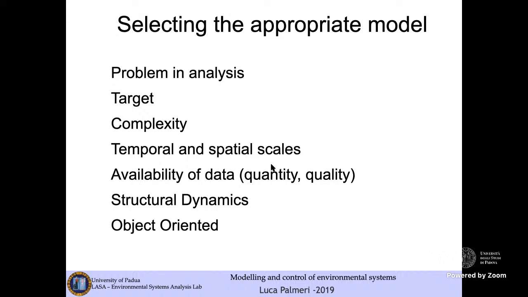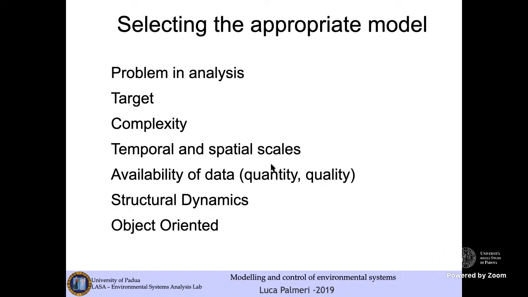Or, for example, including new relationships between the state variables, so describing new processes. In this case, I shall employ a new arrow or a new linkage between the state variables, and this brings with it the changing of the structure of a model.